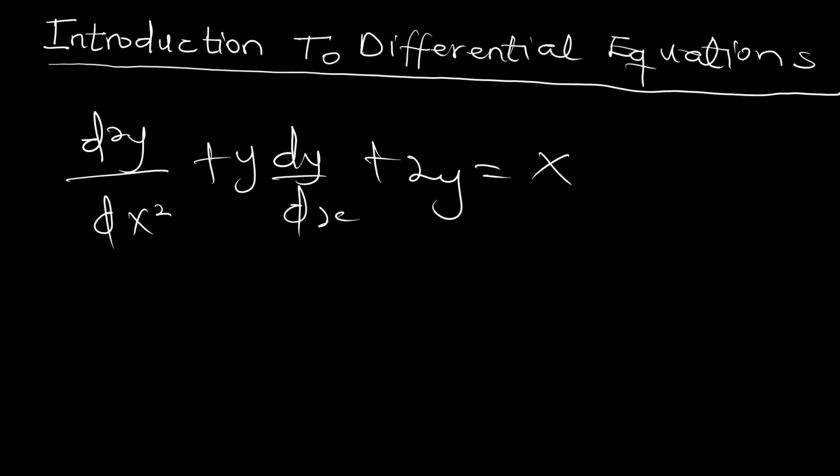Let's check. In this differential equation, the highest derivative is d²y/dx². And yes, it is having a degree of 1. It is raised to the first power, so it is true. That satisfies the first condition. The second condition is that a dependent variable must not multiply its derivative. Let's see if that one too is satisfied. If so, then we can conclude that this is linear.